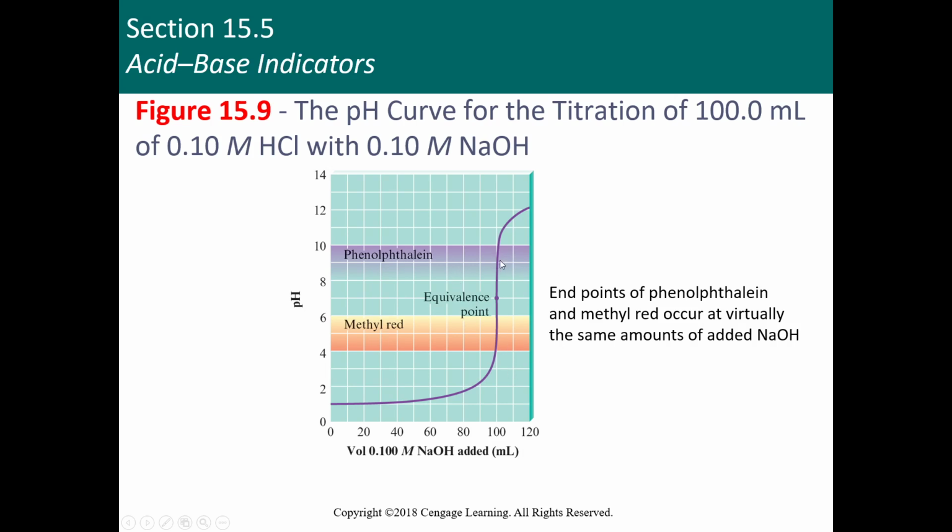Your phenolphthalein would probably be closer to here, and your methyl red closer to here. If you could do it skillfully, I would recommend phenolphthalein, but there really is not much difference. They would both be acceptable indicators for a strong acid with a strong base.